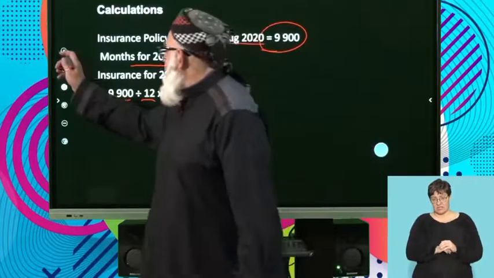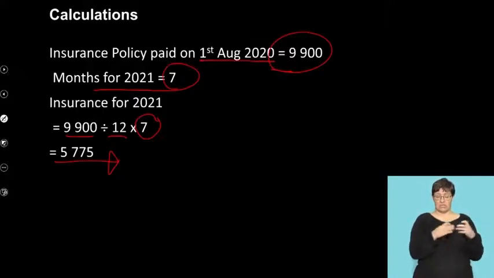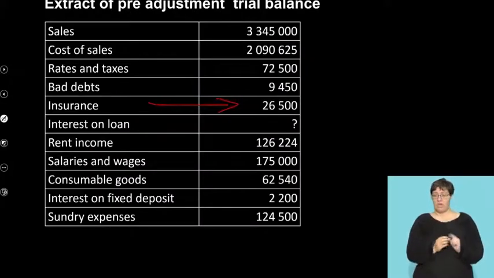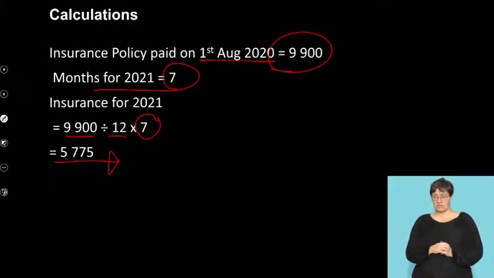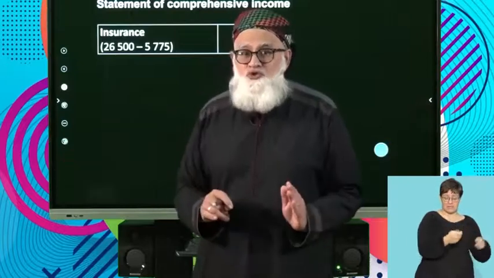Therefore, this is what we're going to do. Watch. There's my insurance figure, 26,500, from my given information. There we go, minus the prepayment. Why? Because what's my double entry? My double entry is a debit to prepaid expenses and a credit to insurance.